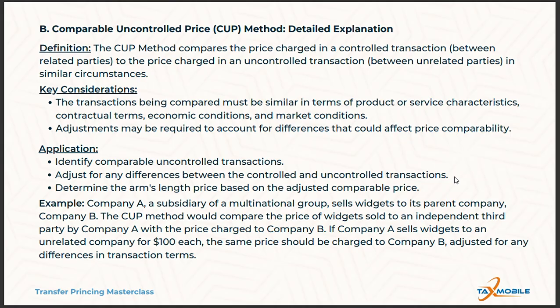Now, the key consideration here is that this method provides a direct and simple comparison, often considered the most precise when sufficient data is available. However, it can be challenging to find appropriate comparable transactions, especially when product specifications, markets, or circumstances differ. So those are the challenges of using the CUP method.